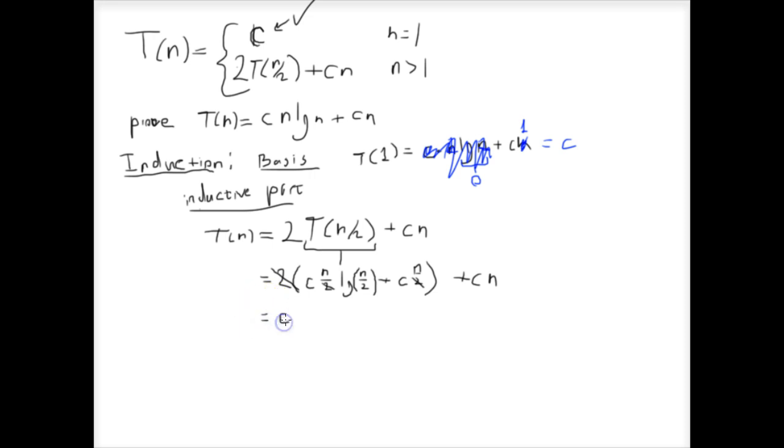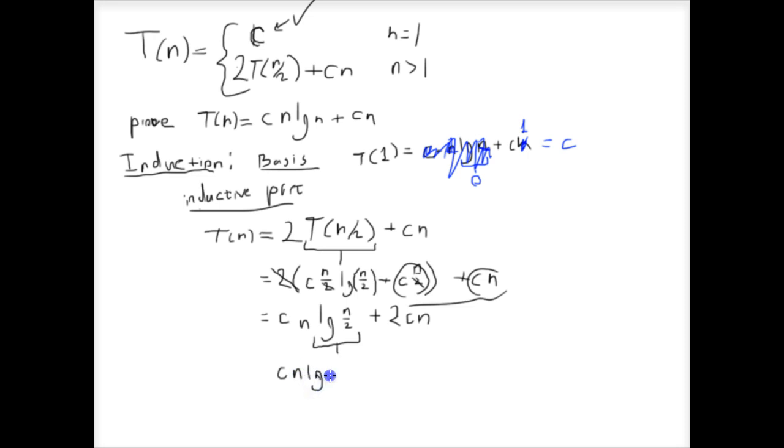So when we expand this, we're given c times n times the log of n over 2. And we're adding c times n, but we already had a c times n on the outside, so we end up with a total of 2 times cn. So that's not exactly the same as what we're trying to prove, but the log of n over 2 is equal to the log of n minus the log of 2.